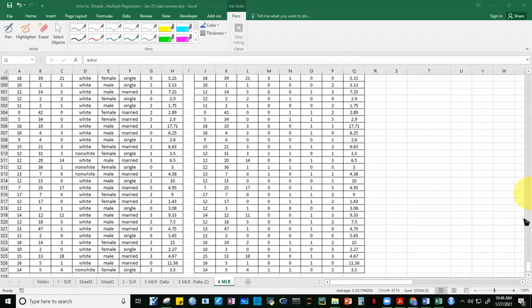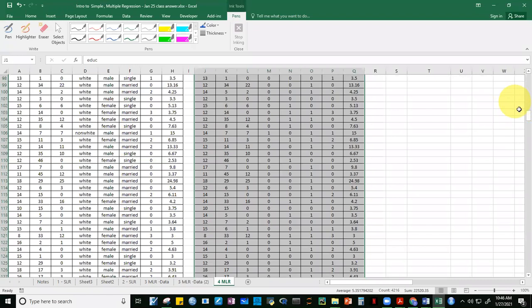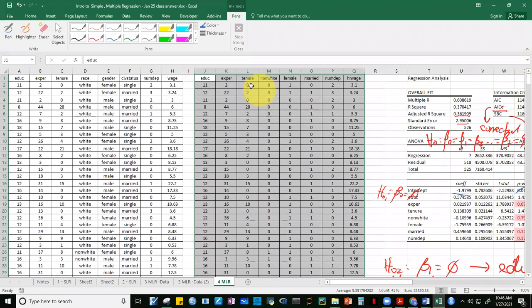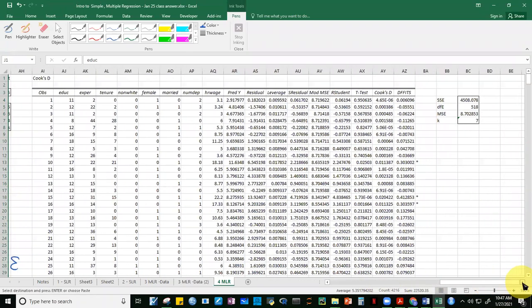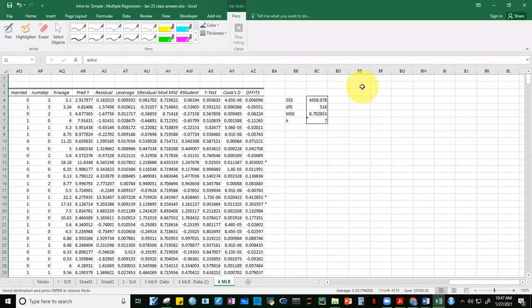Okay, so, i-copyhin natin ito, guys. Copyhin natin ulit yung data natin. This one, Control-C. Copy natin dito. Control-V.